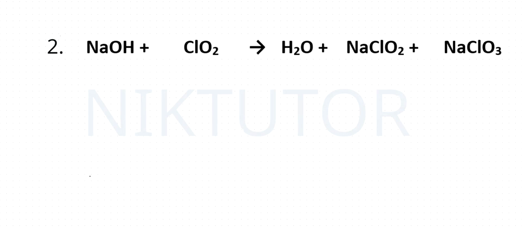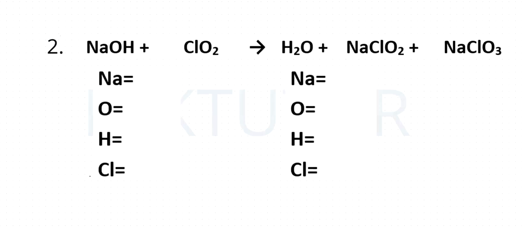As usual, the first thing you need to do is to list out the elements on the reactant side, and then you list out the elements on the product side as well. Having listed out the atoms of the elements that we have on the reactant side, we start counting each of them. Now, on my reactant side there, I have just 1 atom of sodium, so I'll put that there as 1.